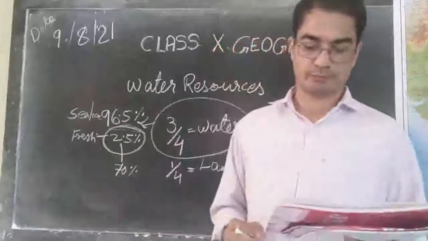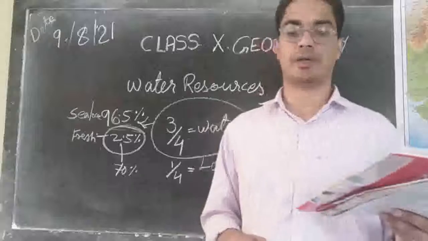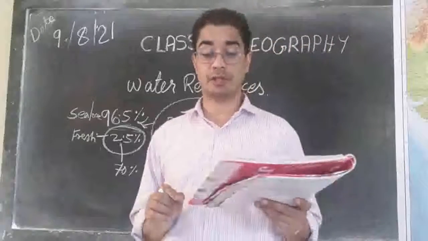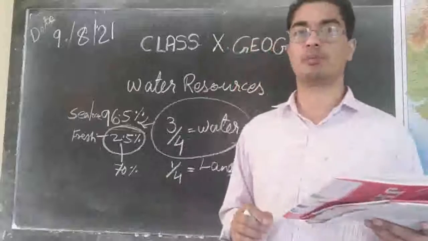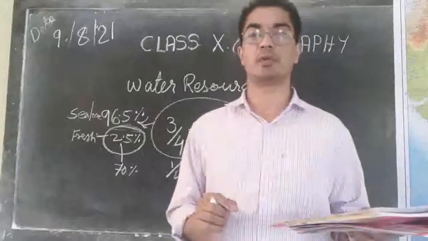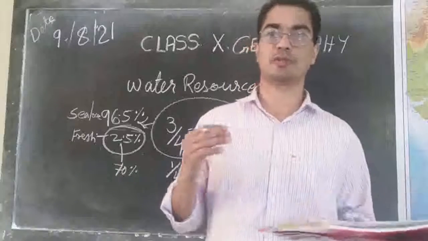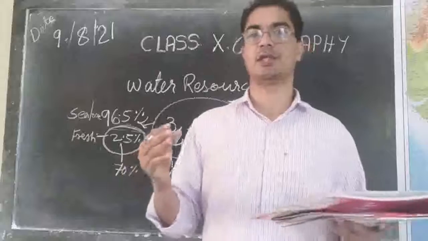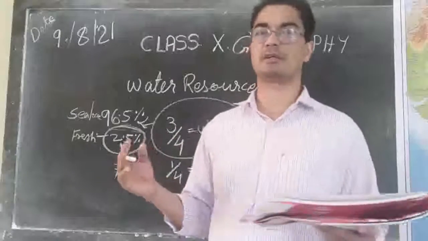Then the total renewable water resources of India are estimated at 1879 square kilometers per annum. The total renewable water source means the fresh water, the river water, the lake water, and so on.